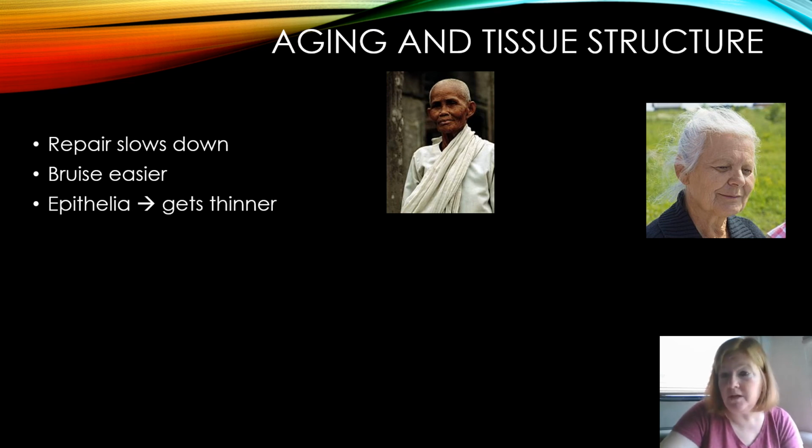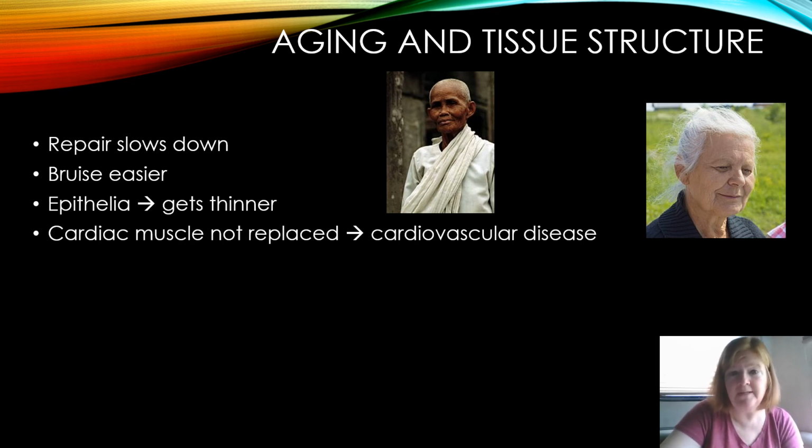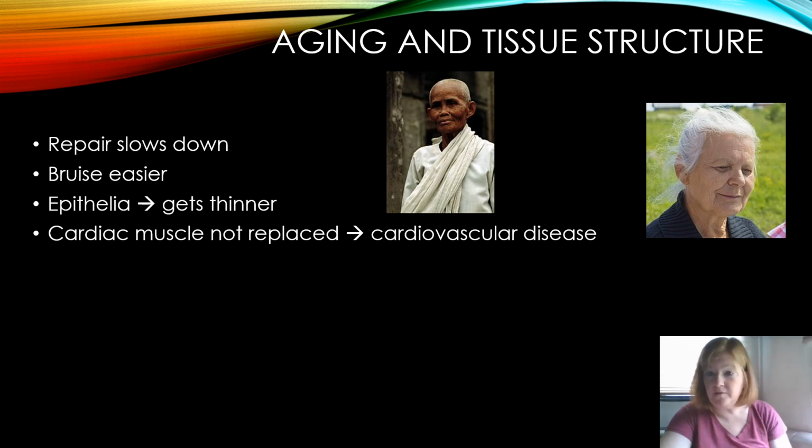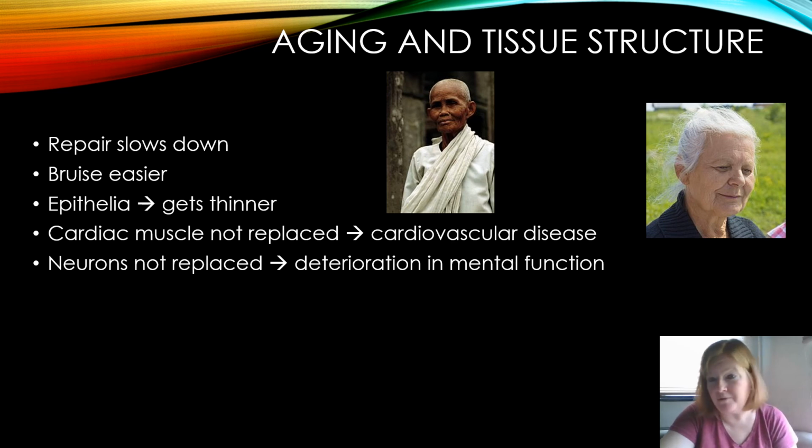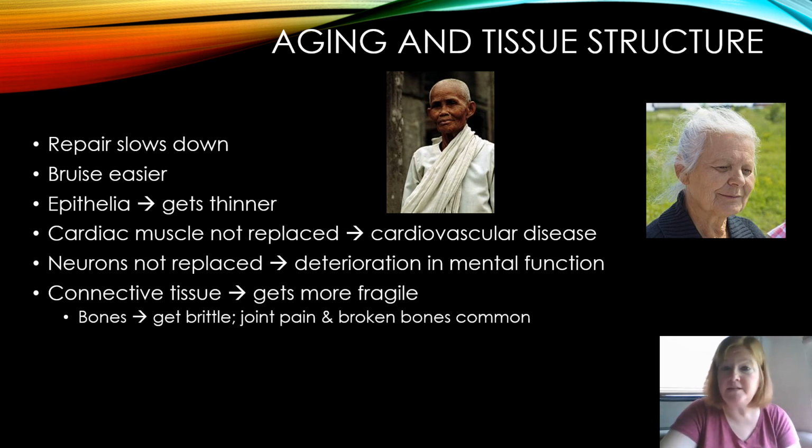The epithelia gets thinner. Cardiac muscle is not replaced, so this can result in cardiovascular disease as the years go on. Neurons are not replaced, so this can result in the deterioration of mental function as the years go on. Connective tissue gets more fragile, so bones get brittle and can break easier. There's joint pain.